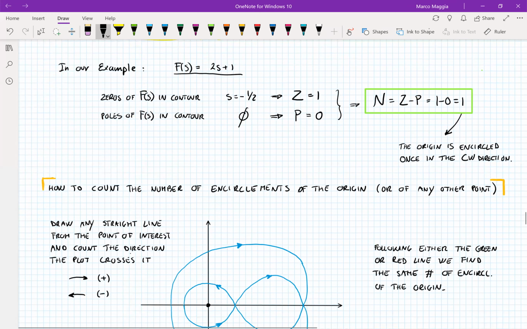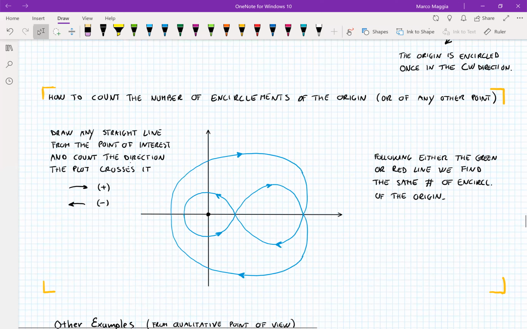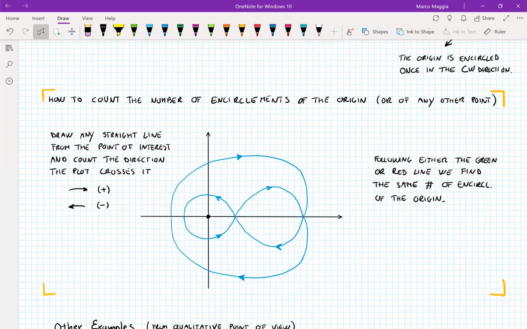Let's take a look at a couple of examples to really fix the concept. But before doing that, one trick that I want to teach you is how to actually count the number of encirclements. It might sound easy, or at least it was for the example that we saw, but what if we had a contour like this, and I'm asking you, how many times is the origin encircled?